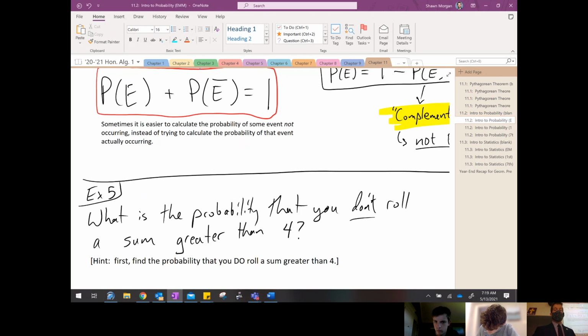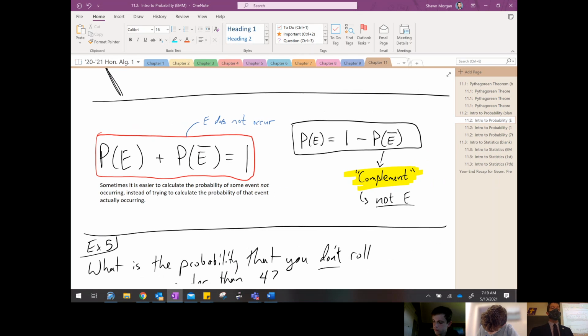You'll remember we talked about how sometimes it's easier to figure out the probability of your event not occurring and then say, well, 1 minus that gives me the probability of the event occurring, right? Because the sum of the probability of my event and the probability that my event doesn't occur, called the complement, will always equal 1.